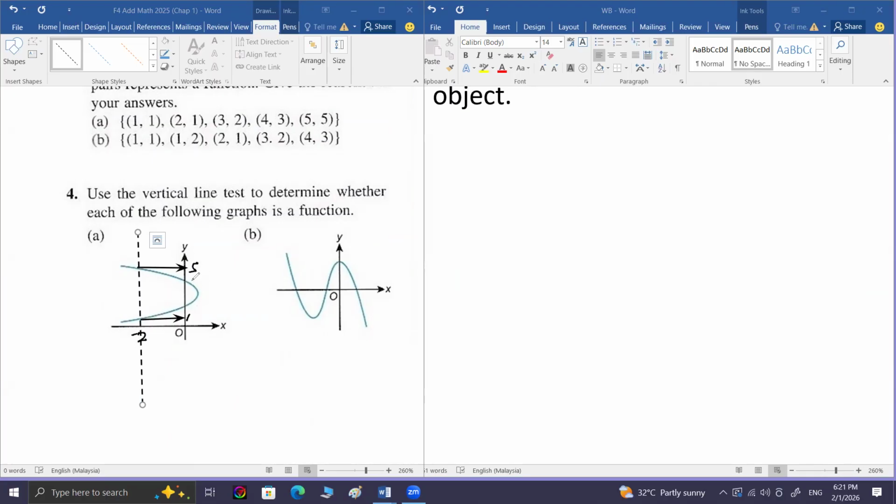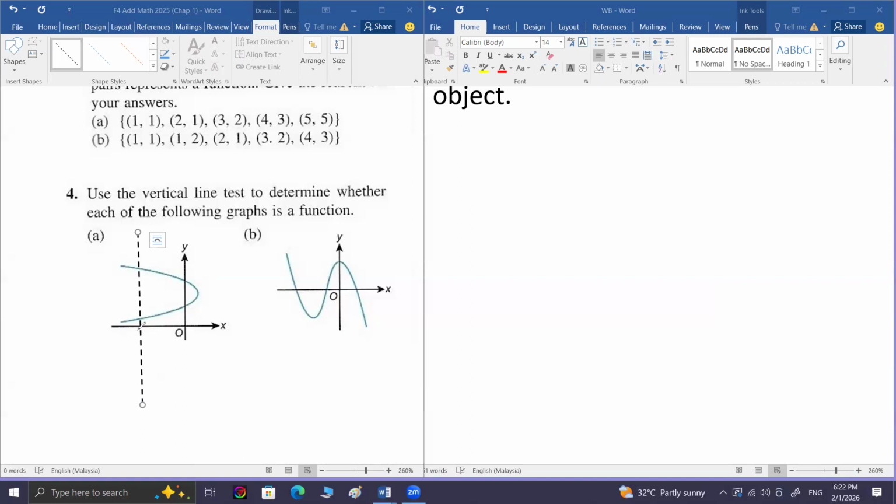So is it 1 to many already? -2 maps to 1, and -2 also maps to 5. That's why we call it 1 to many. So this is not a function, because the relation is 1 to many.